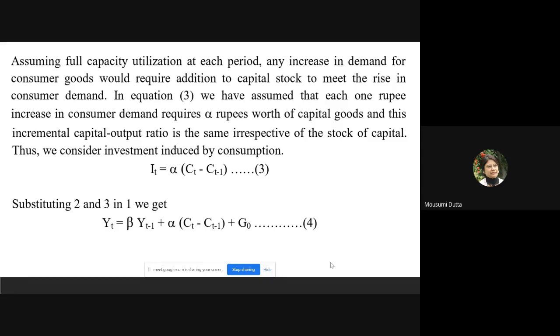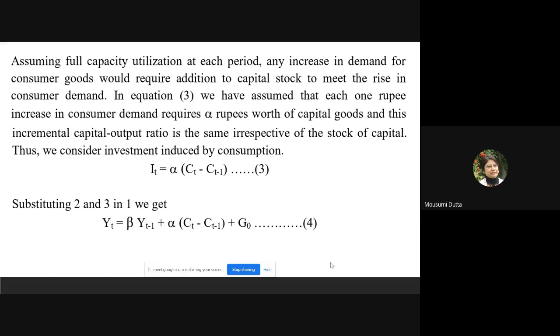Now, in Samuelson's model, the entire capital which was there in T minus 1th period was fully employed to meet the consumption demand of the previous period.